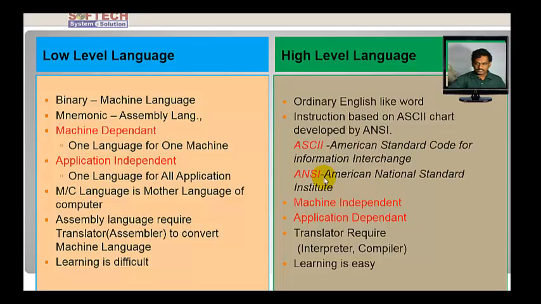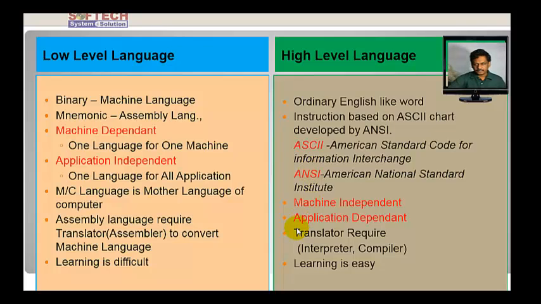If we write a program in one language, we can use this program on all machines. That is one language for all machines. So the demerit of low-level language, being machine dependent, is overcome. High-level language is machine independent because of the ASCII chart.